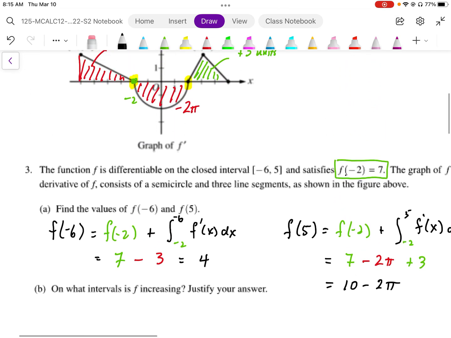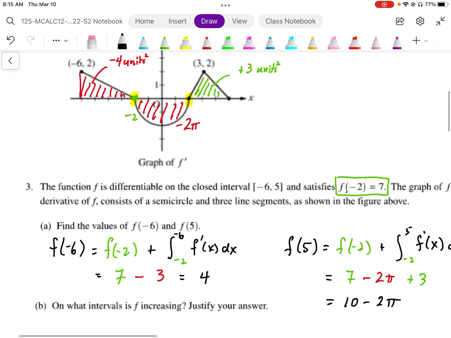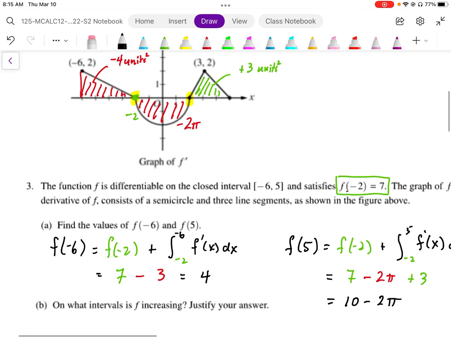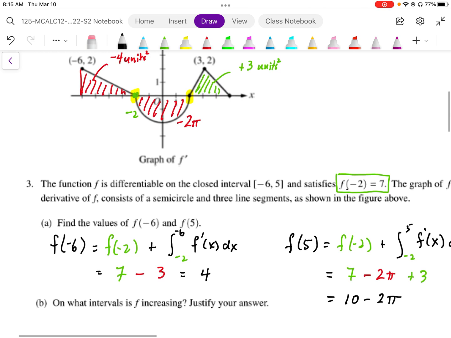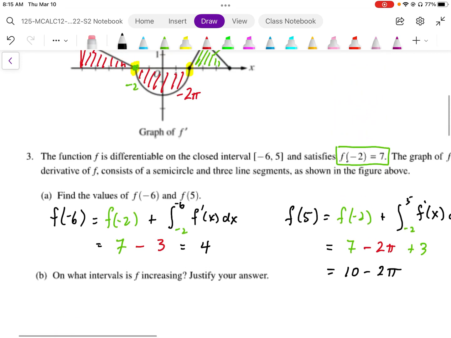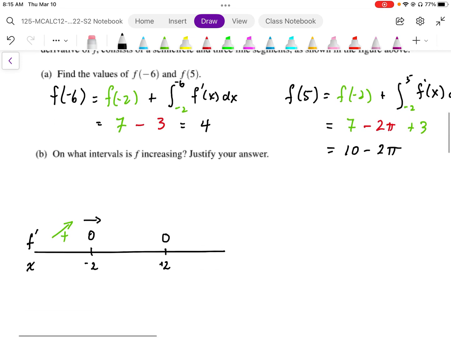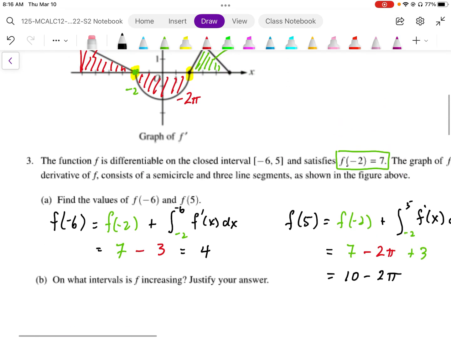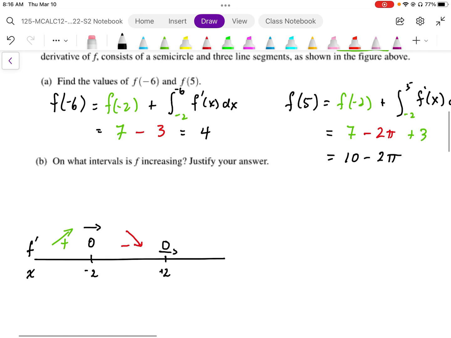And we're going to check to see on the left side between -6 and -2, it's above the x-axis, so we're going to have positive slope through here. We're going to have zero slope. Between -2 and 2, it's below, so we're going to have negative slope, so it's going to be sloping down. Here we have zero slope, and from 2 to 5, it's above the x-axis, so we have positive slope.